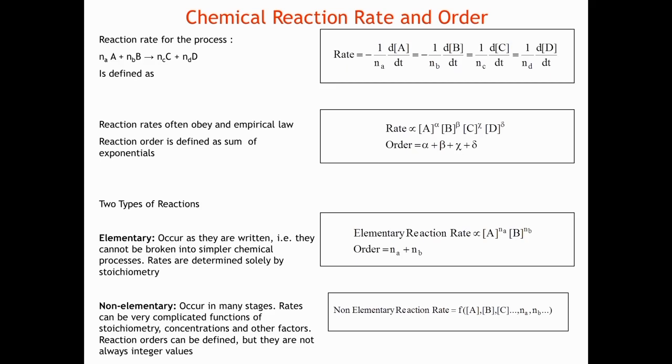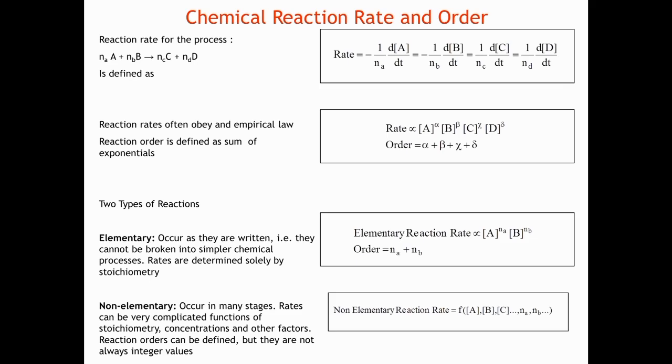So elementary and non-elementary reactions. Are you familiar with the concept of elementary and non-elementary? Elementary is the simplest form to which you can express a reaction. You can't break it down into any simpler process.